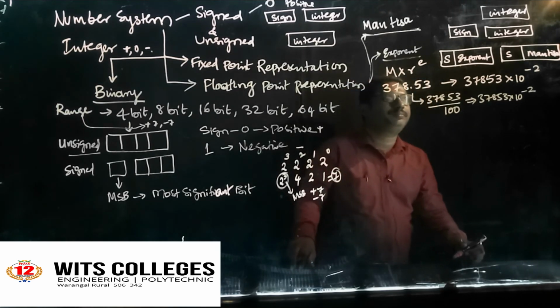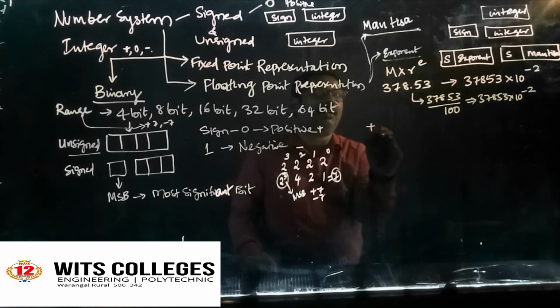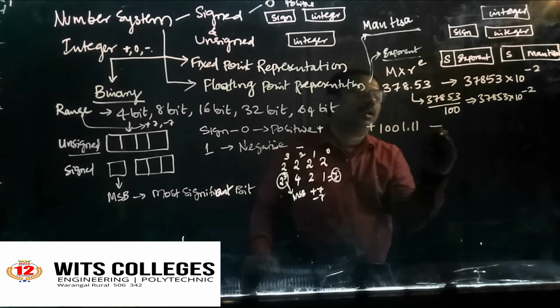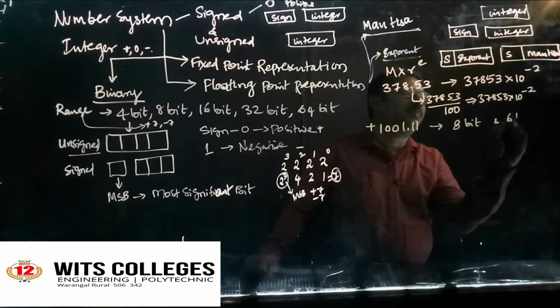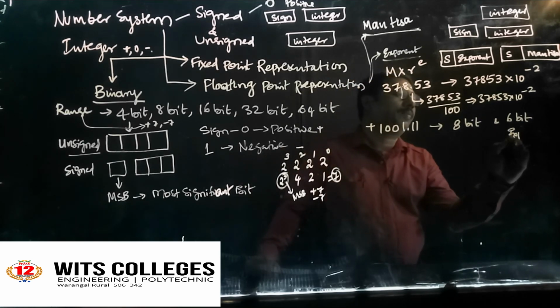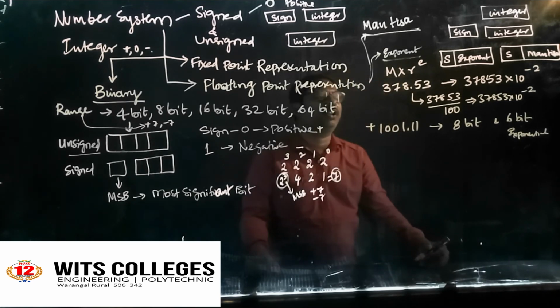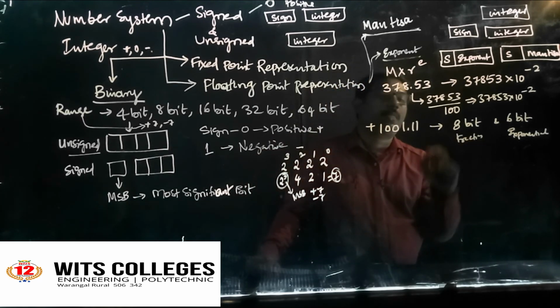Next example, for the floating point in a binary state, plus 1001.11. Here it's 8 bit and 6 bit. 6 bit is for the exponent. For the exponent's sake I am using the 6 bit. So this is for the fraction.